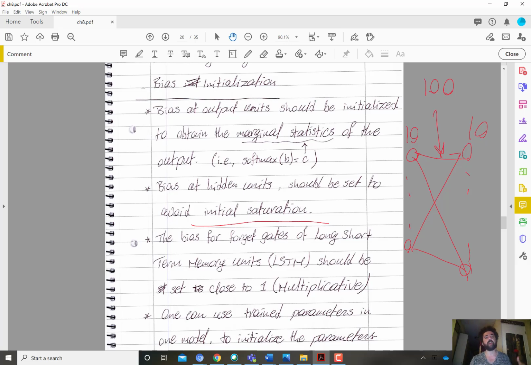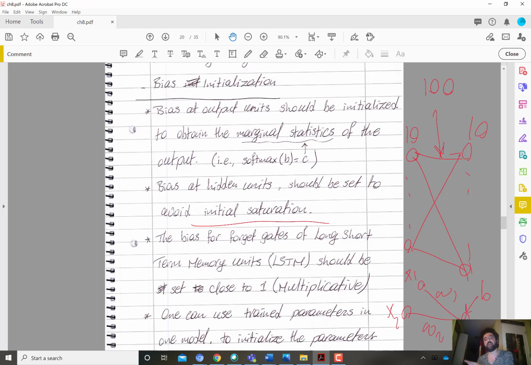So for example, if I have a ReLU, and the weights are all initialized to small values, the linear part, the summation of the WX, will have a small value. So I have here W1 times X1, W2 times X2. If the W's are small, W1 X1 plus W2 X2 is expected to be small. So I set the bias, let's say the bias here is equal to B, to a small positive value.